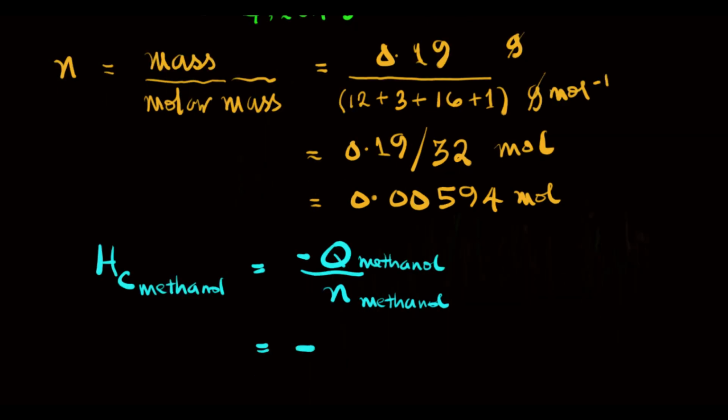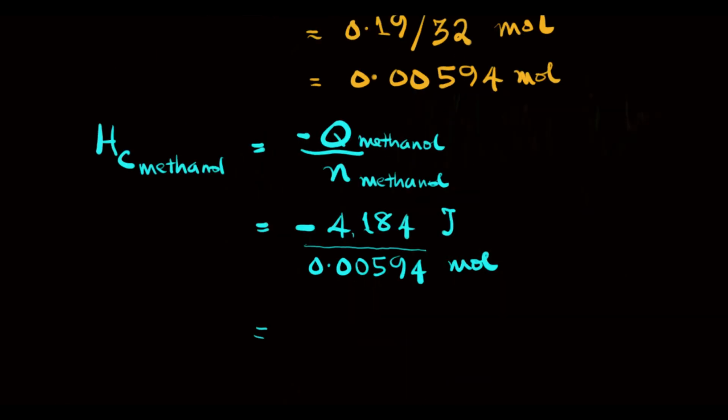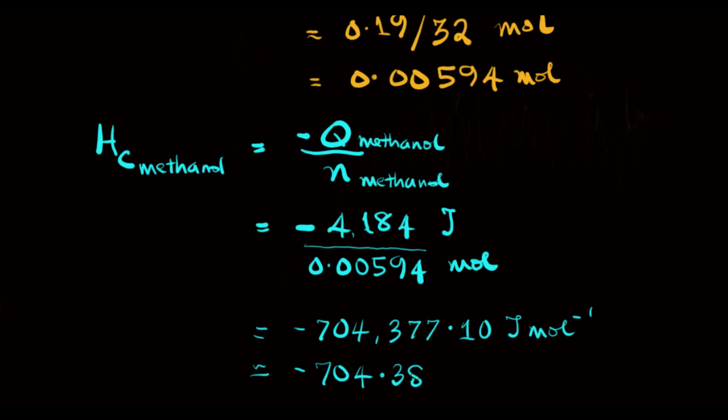So that will be minus 4184 joules all over 0.00594 mole. That gives us minus 704,377.10 joules per mole, which is the same thing as minus 704.38 kilojoules per mole.